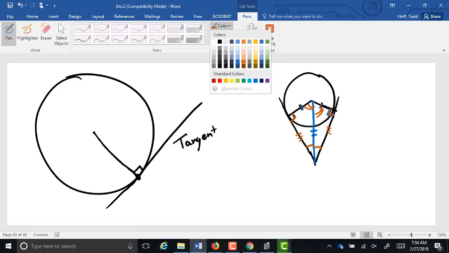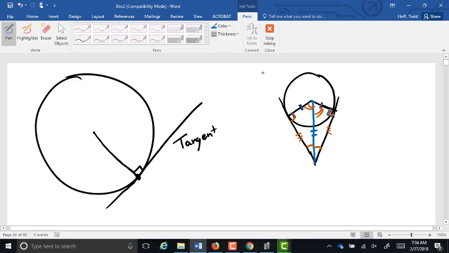In fact, that is always true when two tangents to the same circle intersect. The distance from that point of tangency to where they intersect is going to be the same for both tangents because it creates two equal triangles like that.